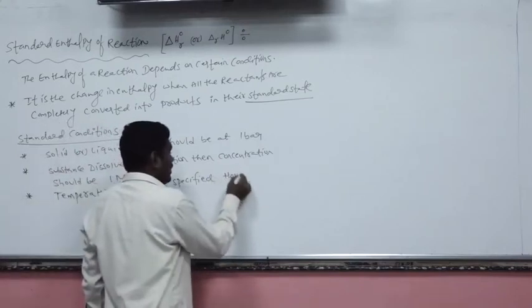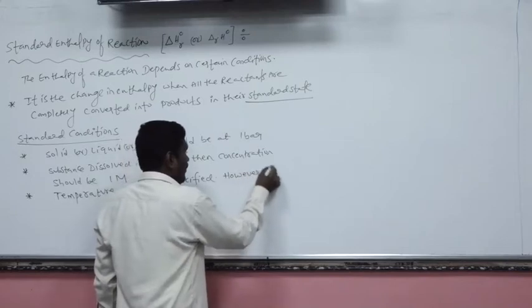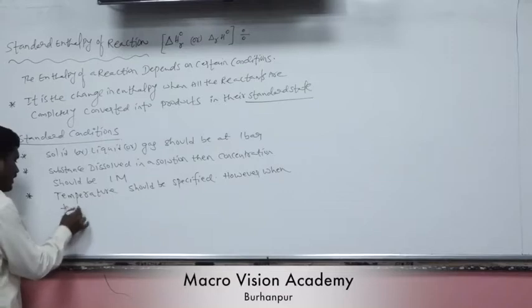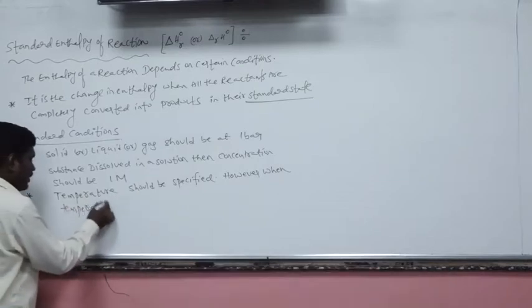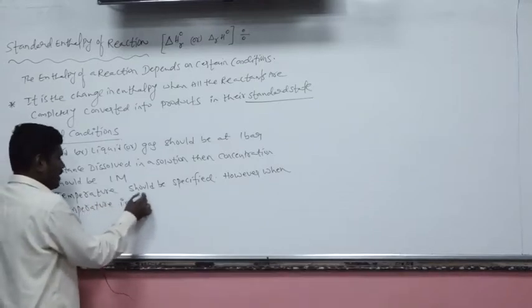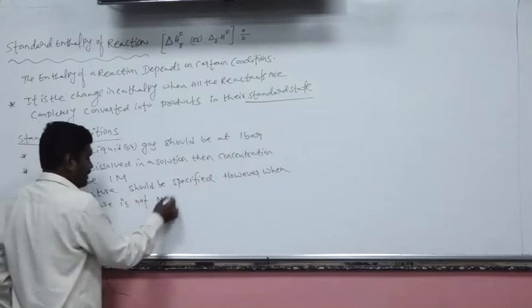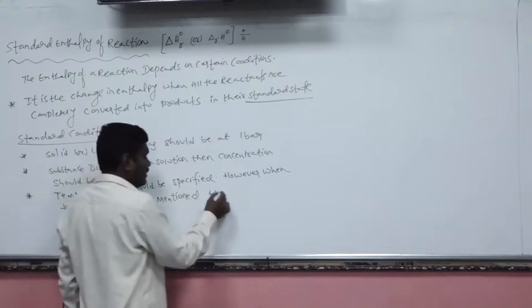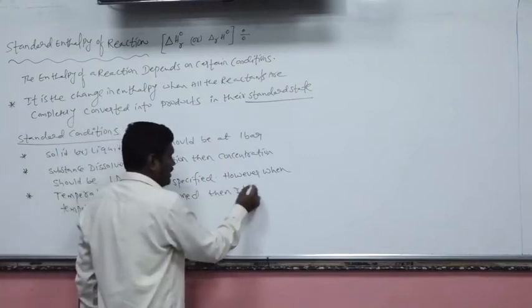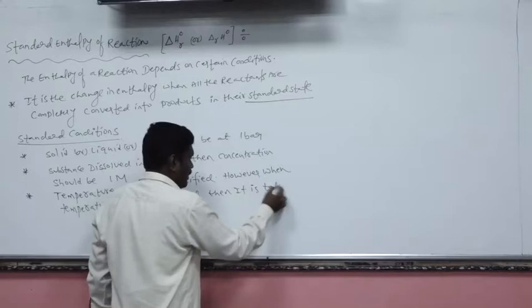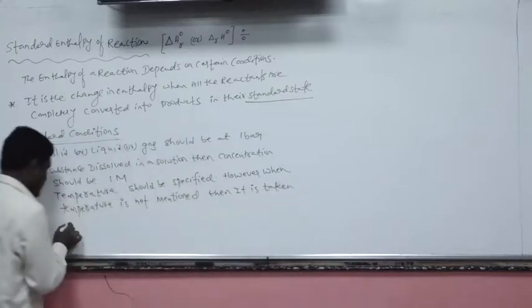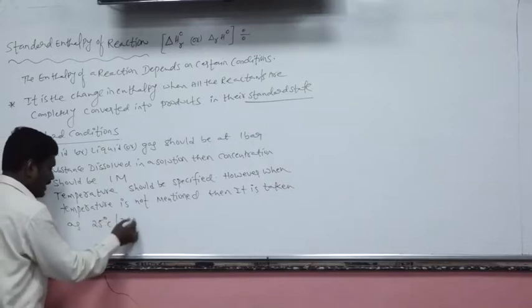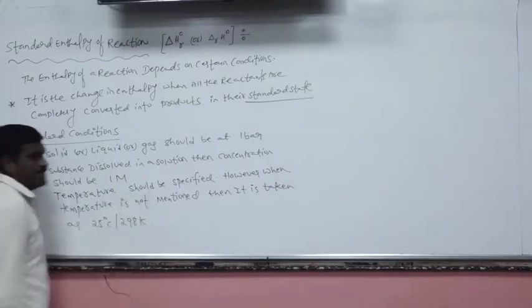However, when temperature is not mentioned, then it is taken as 25 degrees Celsius, that is 298 Kelvin, the room temperature.